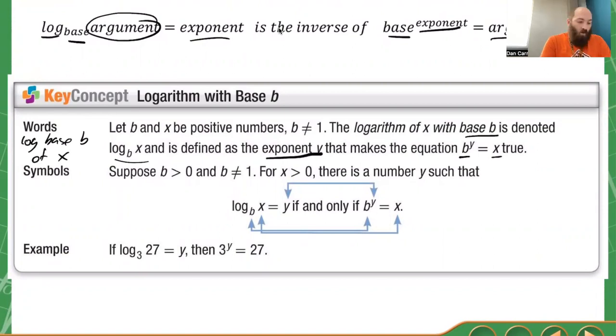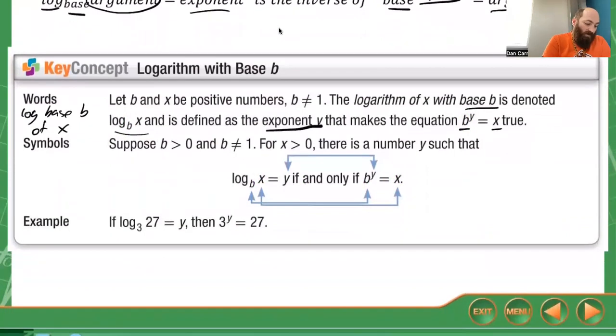So again, log base b, there's my base number. If I go one step further, log base b of x is equal to y. That's only true if the base b is raised to the y value, and that comes out to the x value here. That's how these are equivalent to each other.